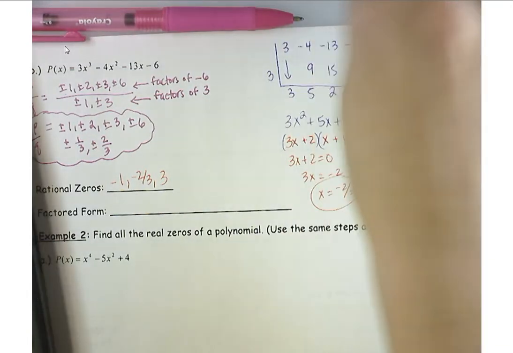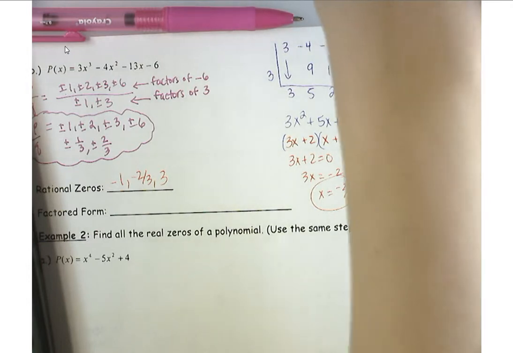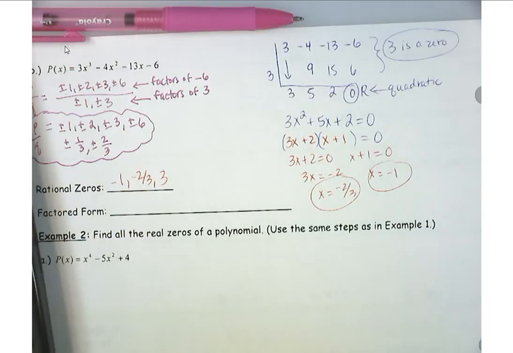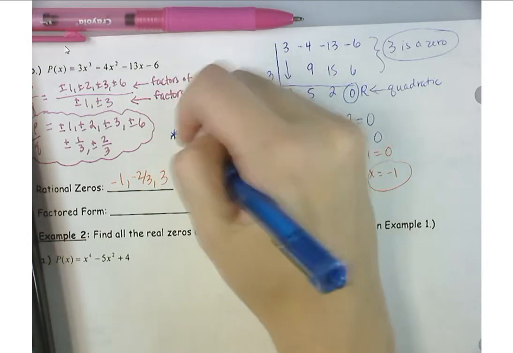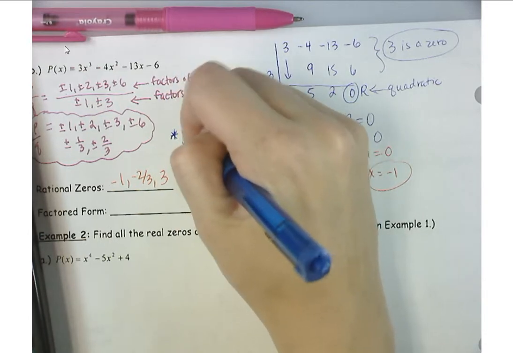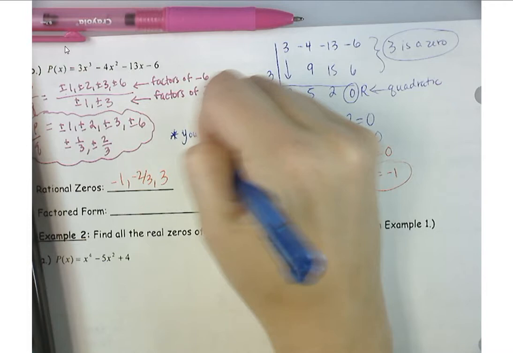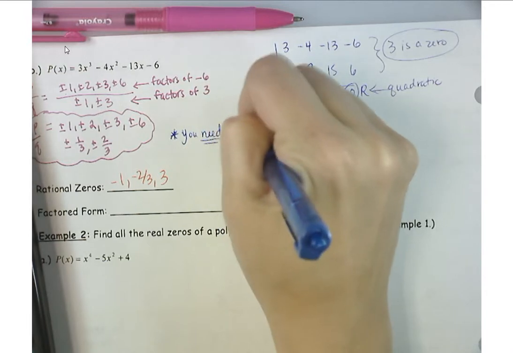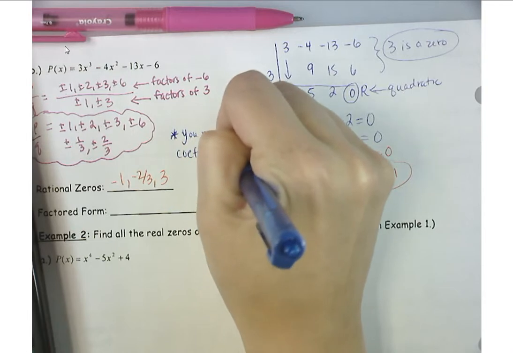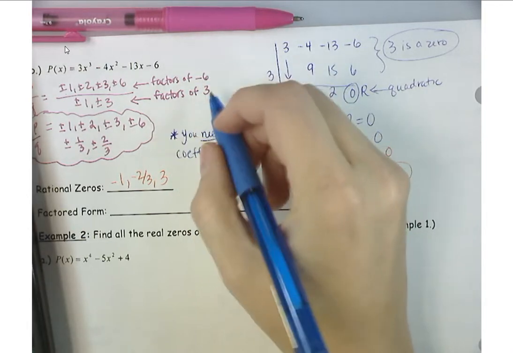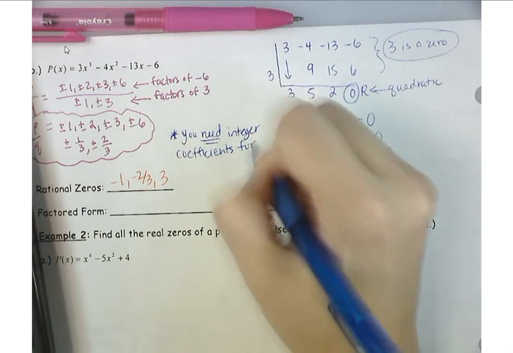Remember from yesterday, I said that when you are writing these in factored form, you have to have what kind of coefficients? Whole number. Integers. Yep, okay, so you need integer coefficients for factored form.